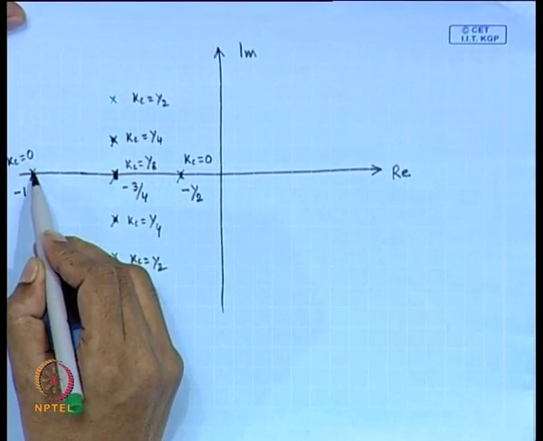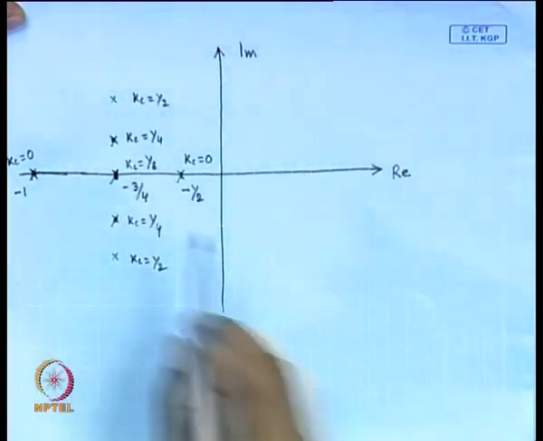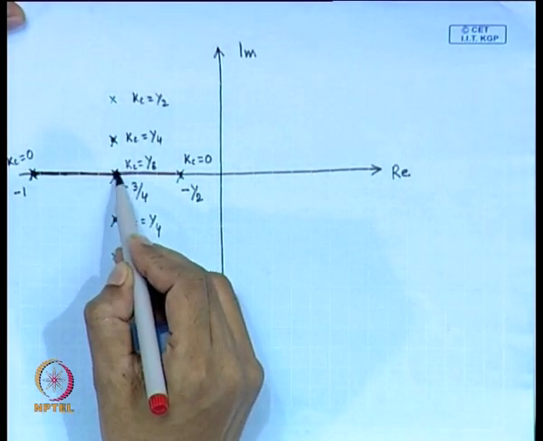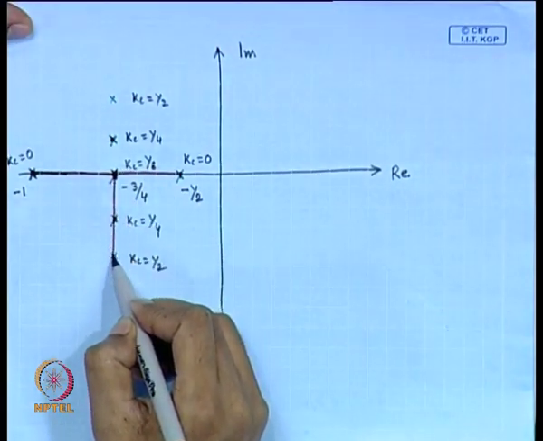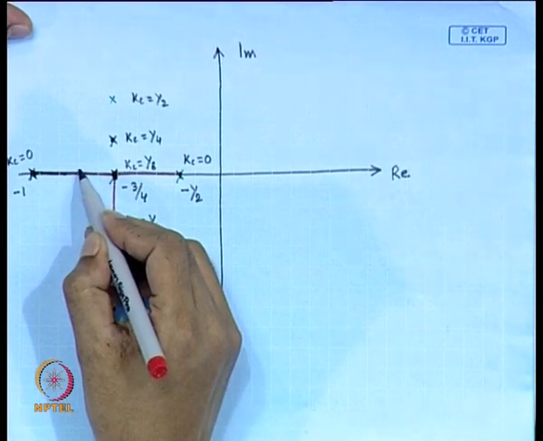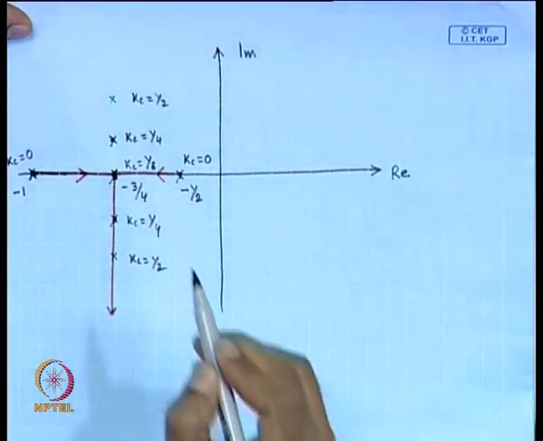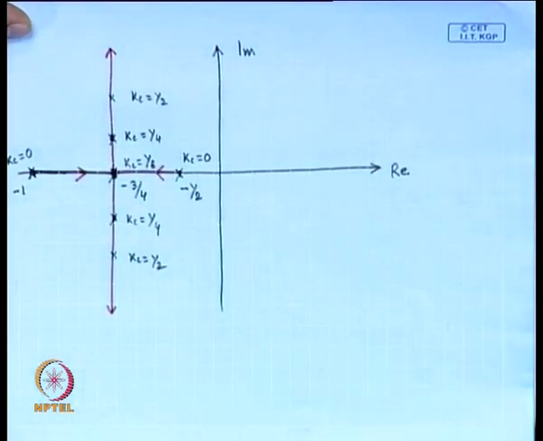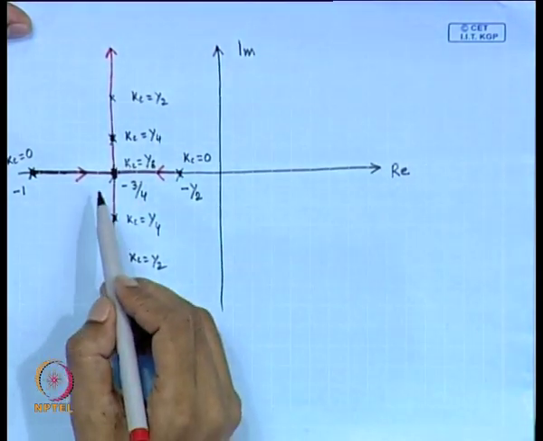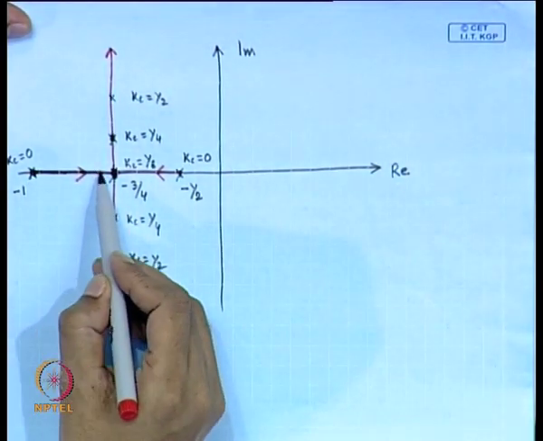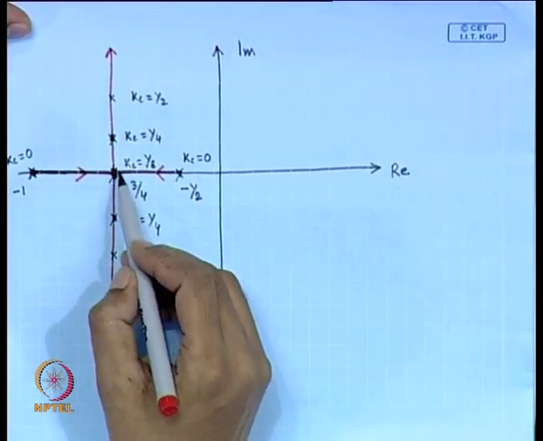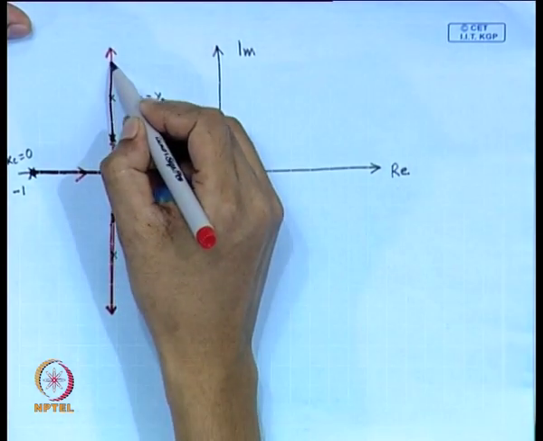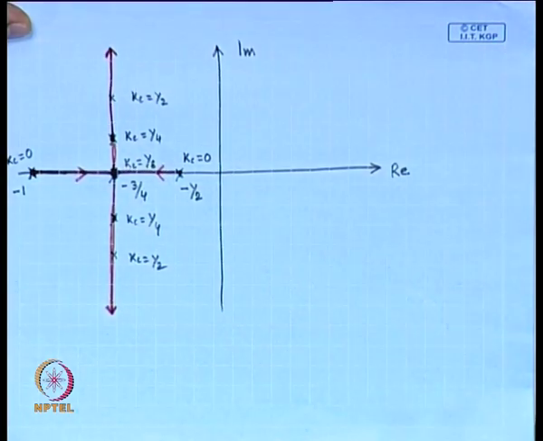Now, we will just connect all these points. So, we get the branches like this. The direction is this, like this. So, these are the branches. By connecting all the points we got this picture.